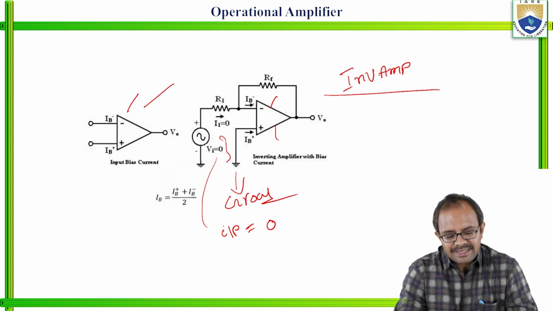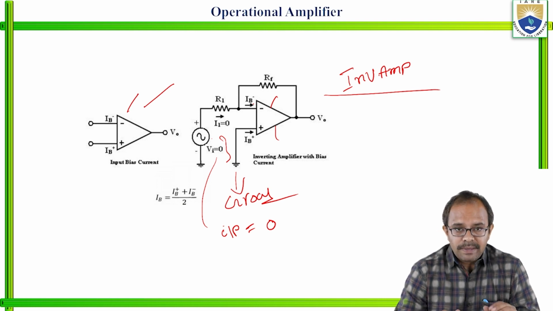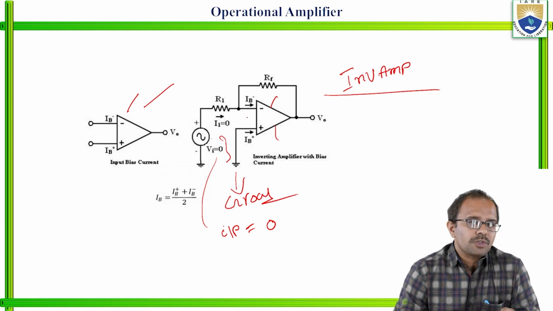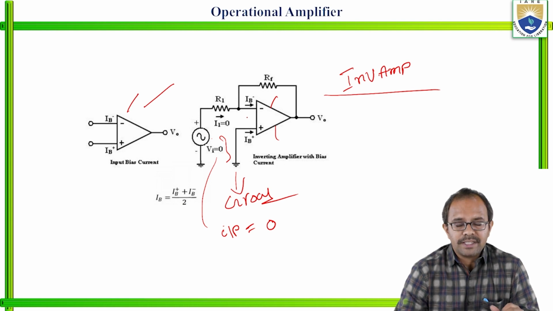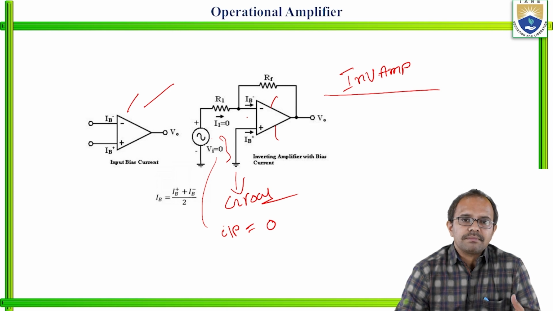So to understand the circuit configuration for base bias currents such as IB plus and IB minus, one needs to provide the input excitation. It may be your inverting input or non-inverting input. Based on that, we can call it an inverting amplifier or a non-inverting amplifier.